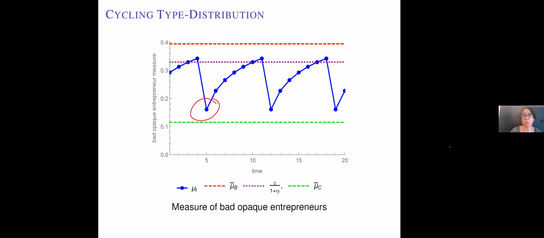So the fraction of bad opaque goes toward the attraction point mu bar B. But before reaching mu bar B, they're going to reach the threshold. And when they reach the threshold, all the investors endogenously choose to become cautious, and when they become cautious, bad entrepreneurs don't get financing. So the fraction of bad entrepreneurs falls. And then the cycle continues.